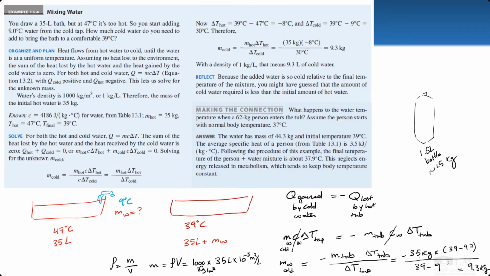The person is going to be gaining some energy because he is stepping into a hot tub, right? And how much is he going to be gaining? Again, I can do Q added equals Q lost and solve for the final temperature of the person sitting in the tub. So we can solve for the final temperature just as we worked with the rest of the problems, same story all over again.